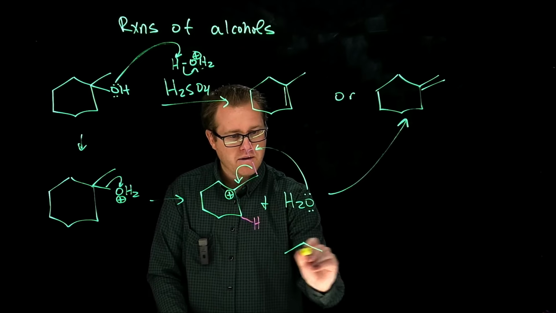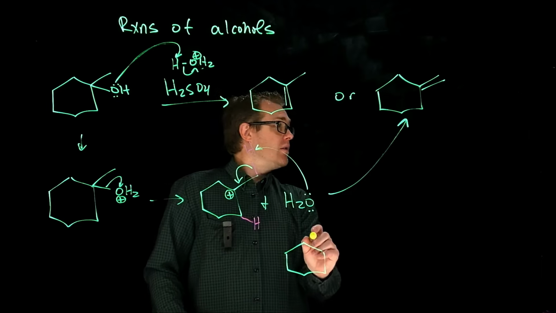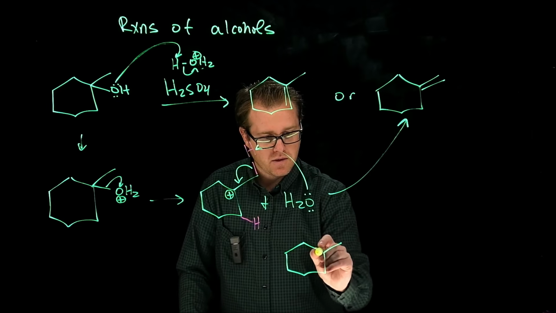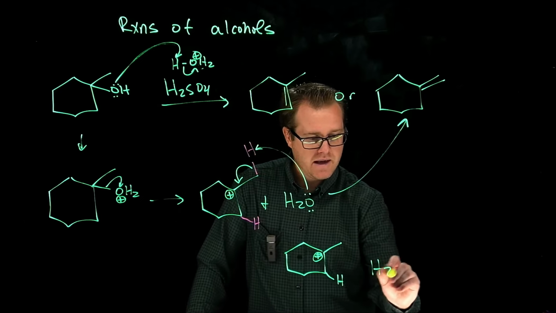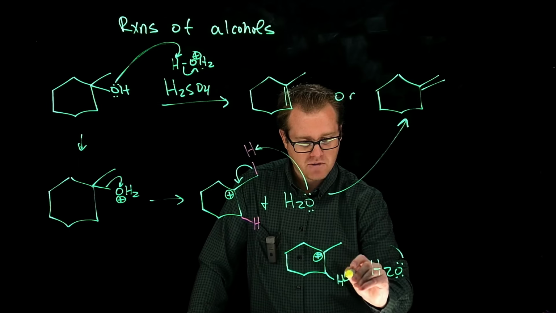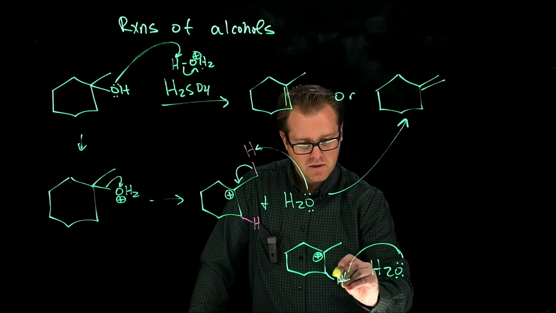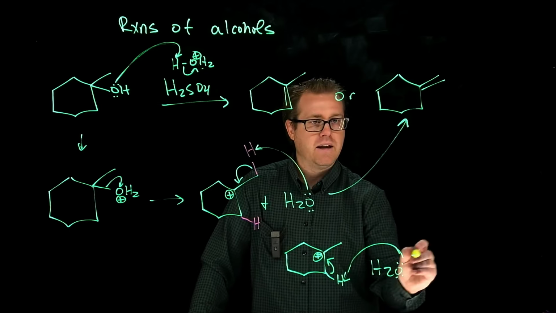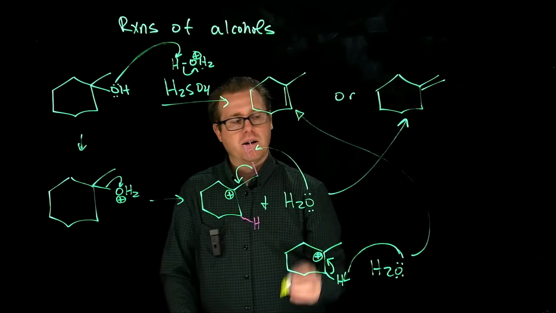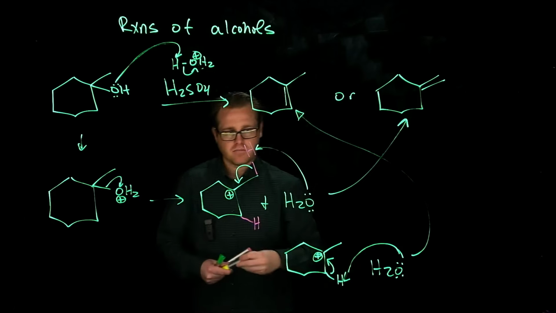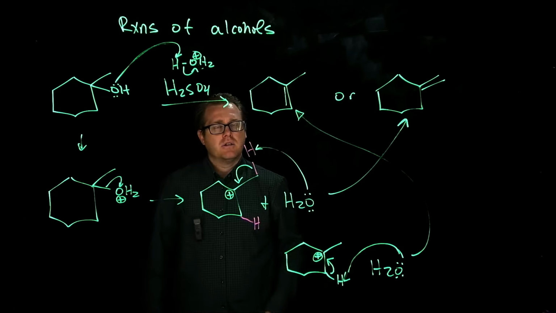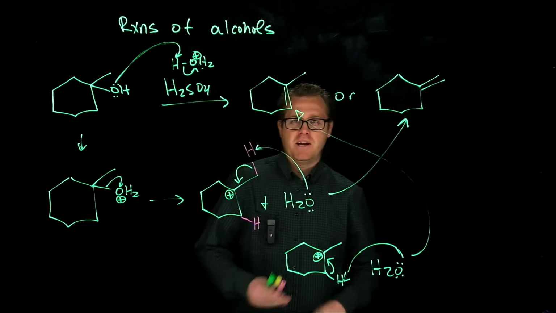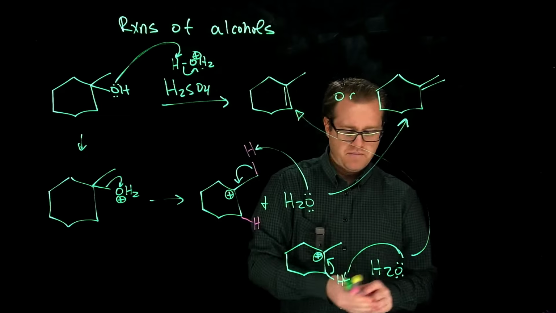Or if I redraw this molecule, there's our carbocation, there's our hydrogen. What if the water instead took that proton? And then that would lead us to that product. So taking a closer look at that, can you tell me which one's going to be the major product? This one or this one?